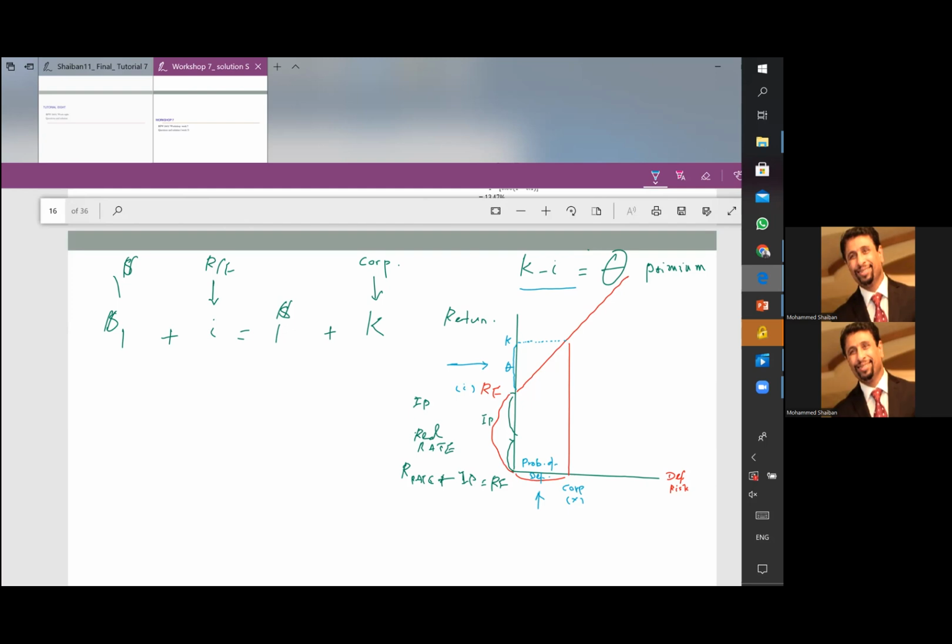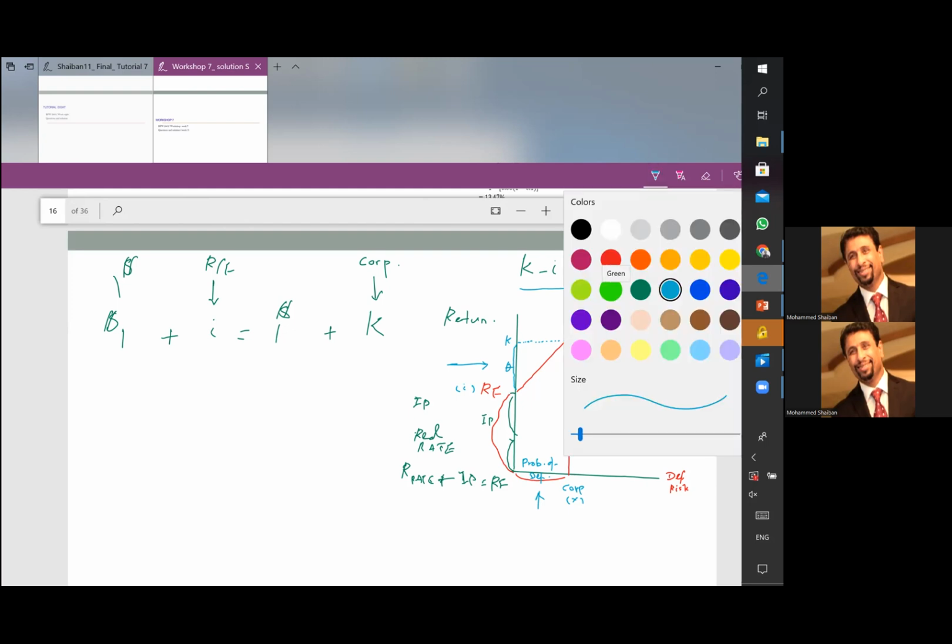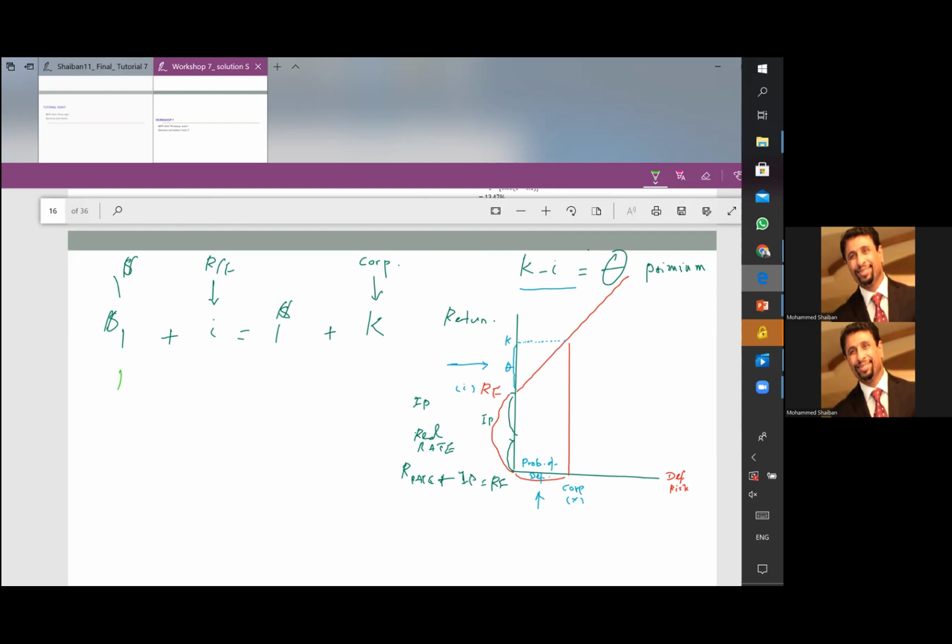And therefore, when I come back to this formula, it becomes like this: 1 plus I equals the probability of payment of my principal, which is the $1, and the K.